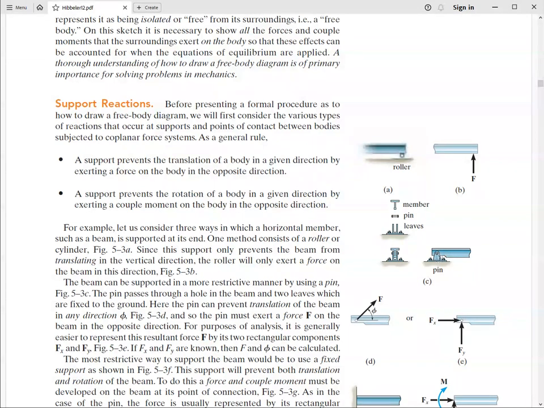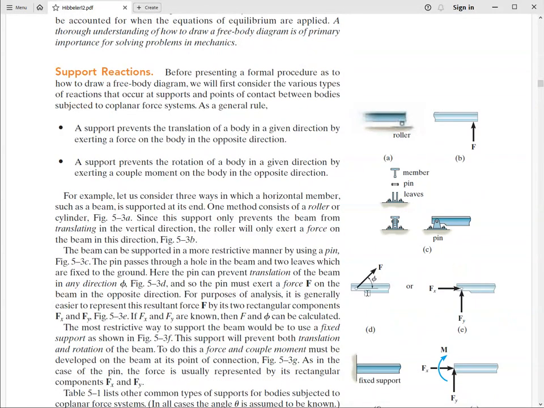The smooth pin, no friction, introduces, as we isolate the body and remove it from its pin, we need to show a force at some angle, or we can introduce two orthogonal forces, horizontal and vertical, x and y. And then for a fixed support, or if we analyze two parts of a rigid body, we need to introduce two forces and a moment. Okay.